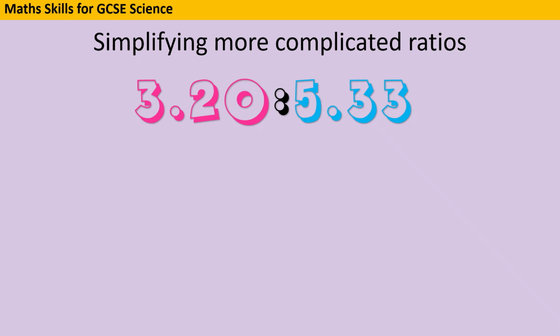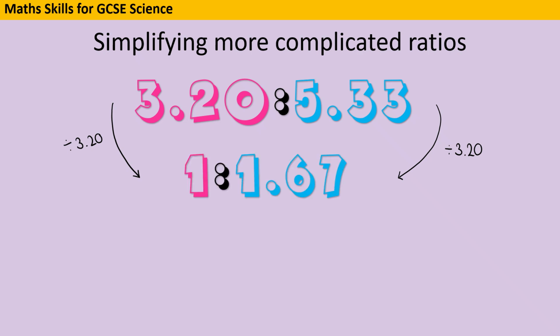So our first step is to divide both of these numbers by the smaller of the 2 numbers. So here we're dividing the left by 3.2 and also the right by 3.2. It's important here that you remember to divide them both by the same number. Quite often we see people dividing the left by 3.2 and the right by 5.33, which is not what we're aiming for.